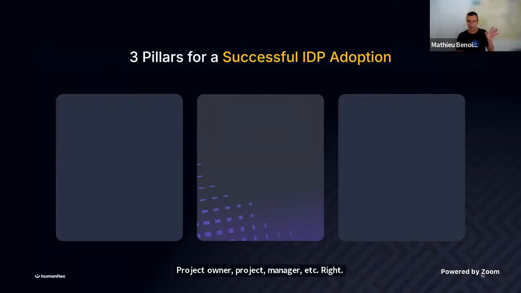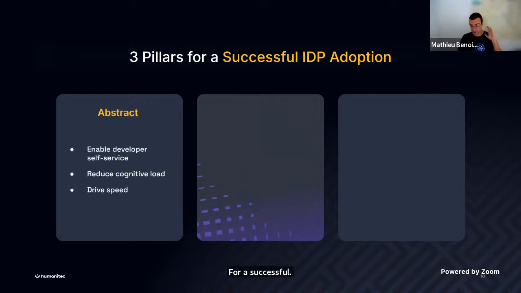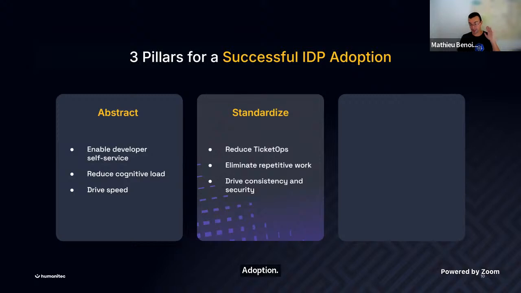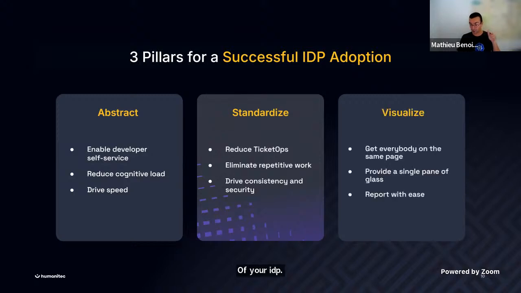There are 3 key pillars for a successful adoption of your IDP. There is the abstraction, there is the standardization, and the visualization, because for doing self-service, I should be abstracted from standards, and I should be able to visualize in order to have some first debugging tool and information status about deployment and my service catalog, right?